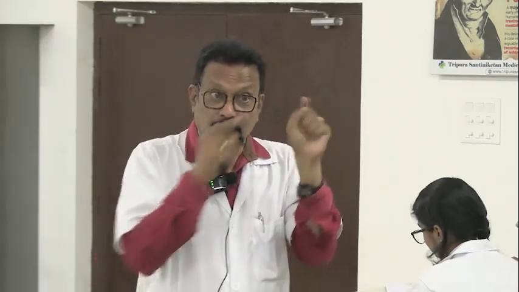Now we have to study the mechanism. It has got 3 steps. Mechanism of what? Coagulation. So it happens in 3 stages. What is the initial stage? Formation of prothrombin activator, the enzyme that will convert prothrombin into thrombin.